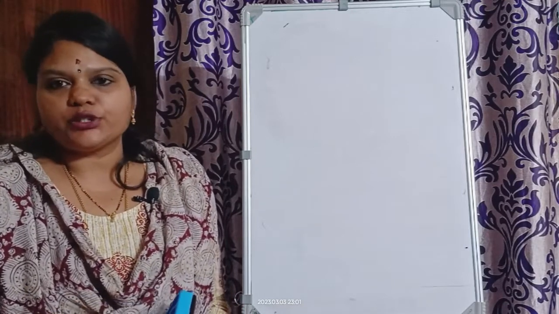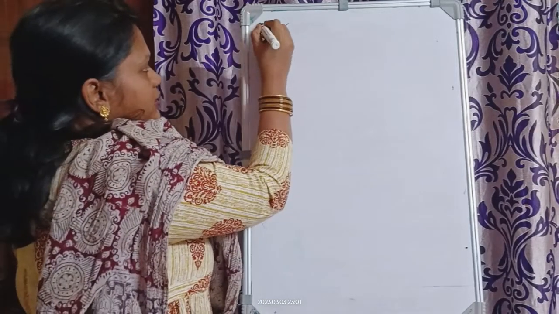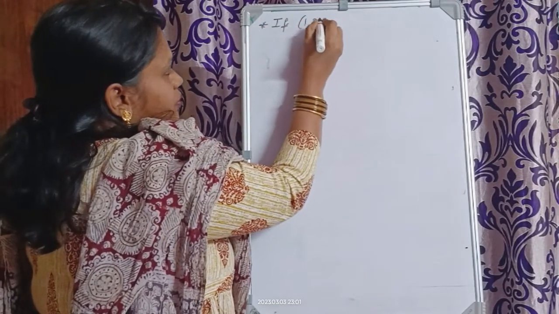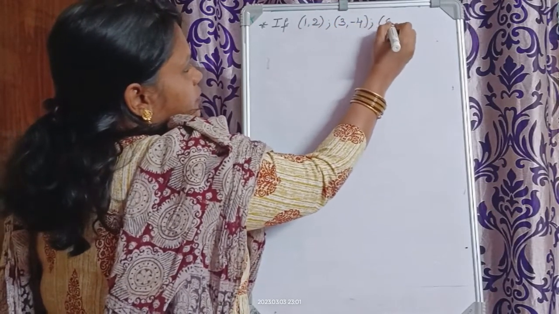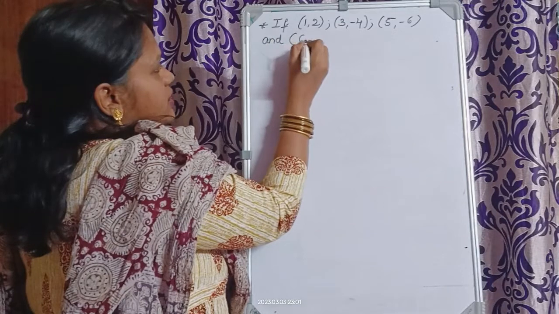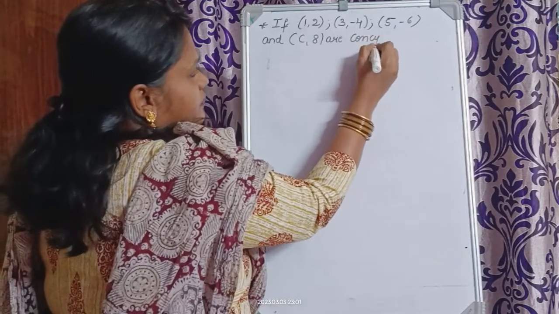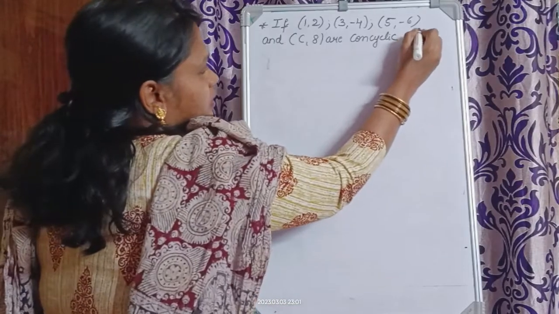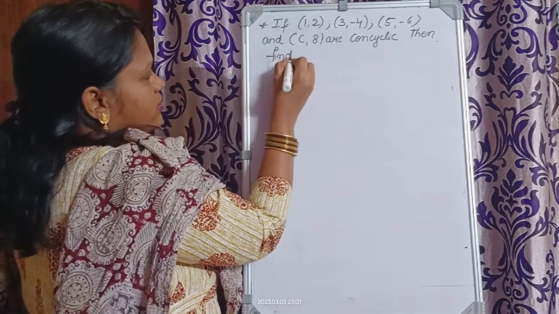So let's continue the class of circles from the exam point of view. Right? So if we consider (1, 2), (3, -4), (5, -6) and (c, 8) are concyclic, then find c.